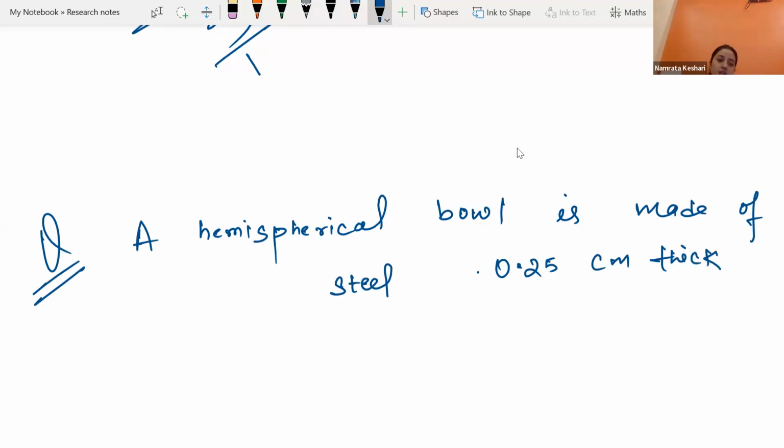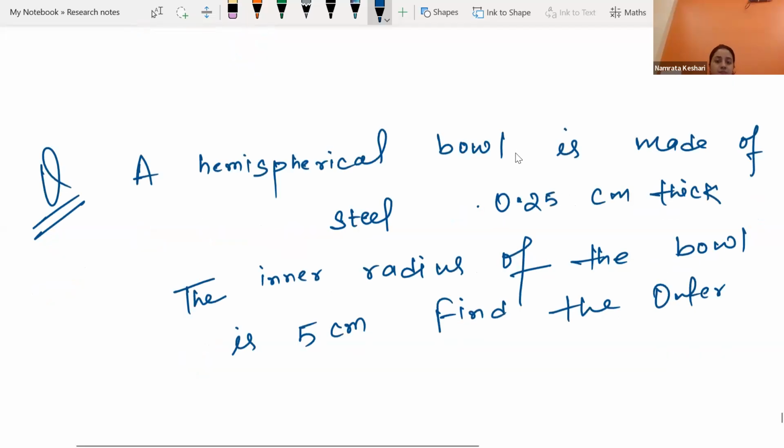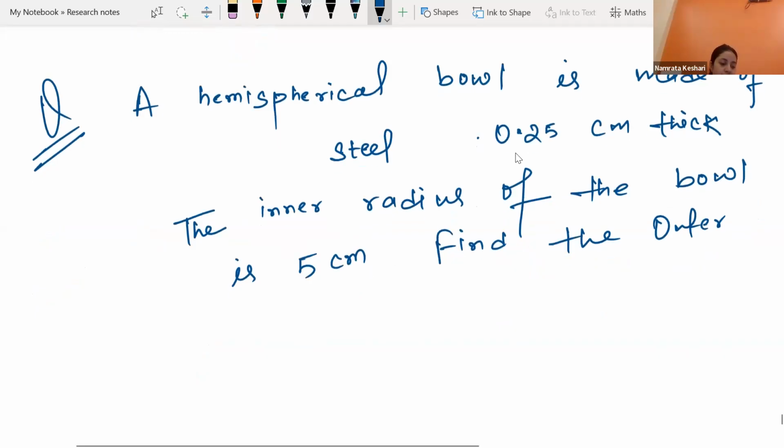The inner radius of the bowl is 5 centimeter. Find the outer curved surface area of the bowl.